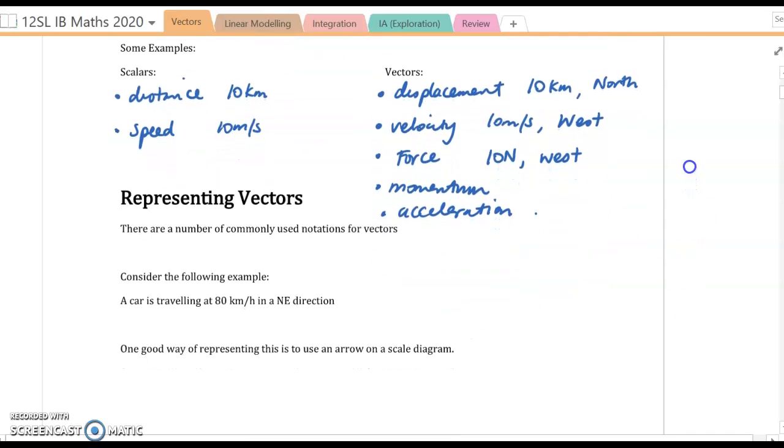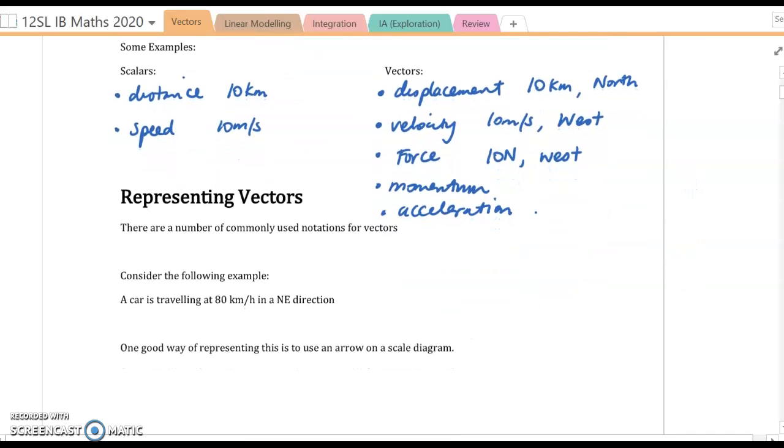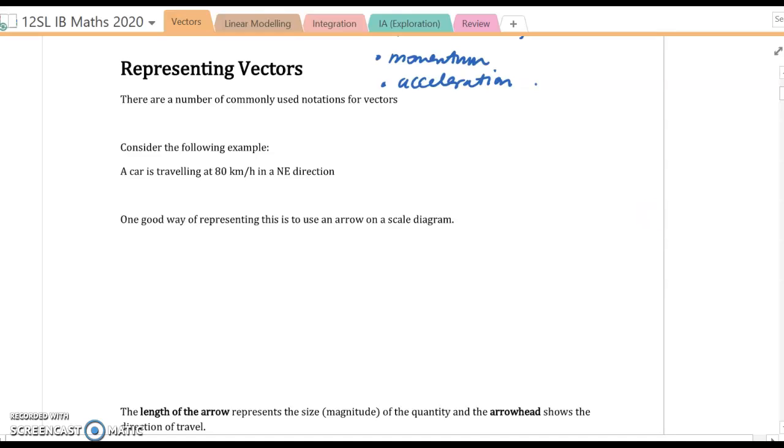So the symbol that we use to represent a vector is an arrow. So if I draw an arrow and I call that vector A with a little squiggly line, that is a vector because it's got a magnitude, so the length of the arrow, and a direction, the direction the arrow is pointing in. The example that we will do here is 80 kilometers an hour in a northeast direction.